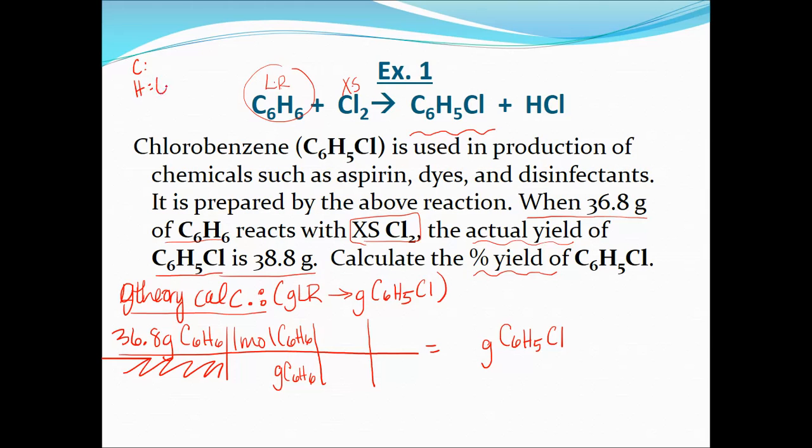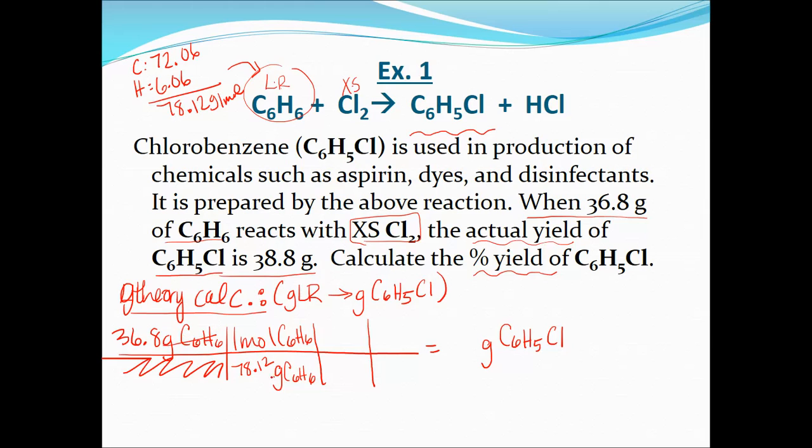Of course, 6.06 for all 6 hydrogens, and for the carbons, it's 6 times 12.01. So that's going to give me 72.06. So let's add that to 6.06, and that gives me 78.12 grams per mole for the molar mass of C6H6.